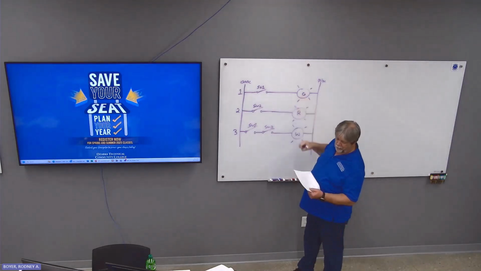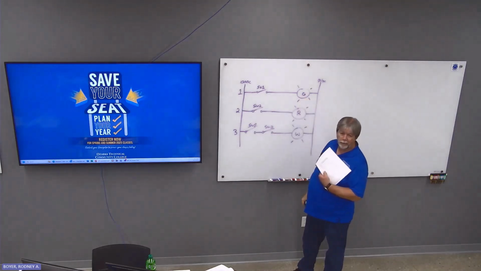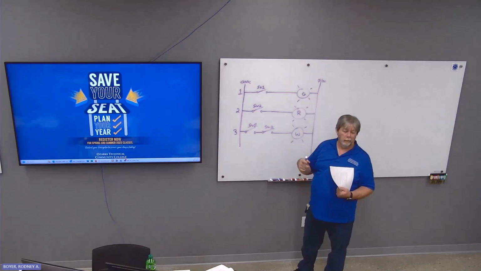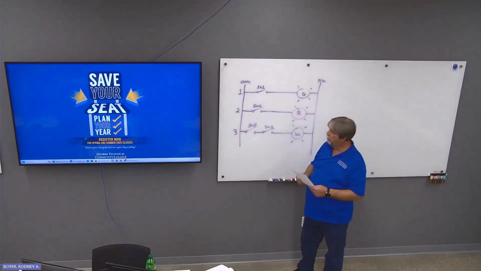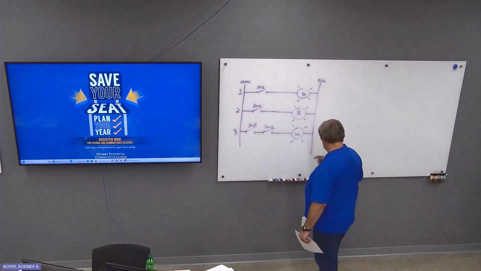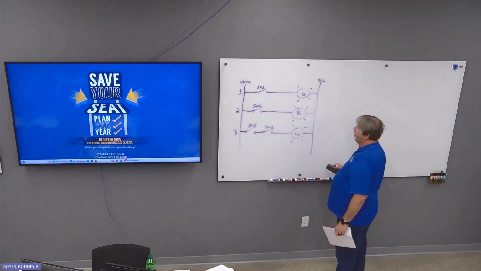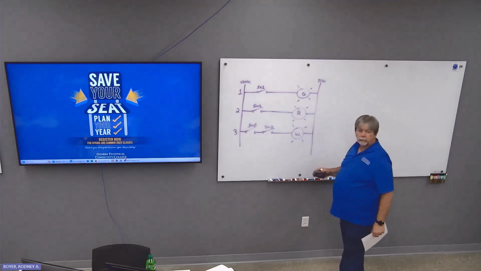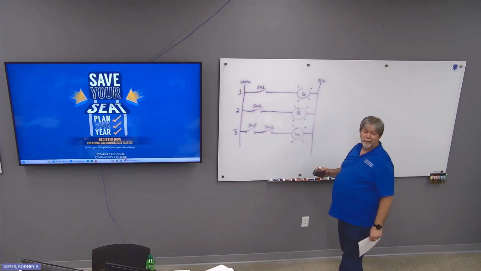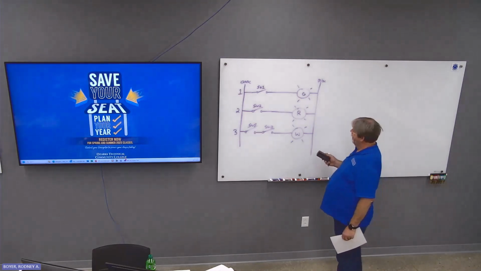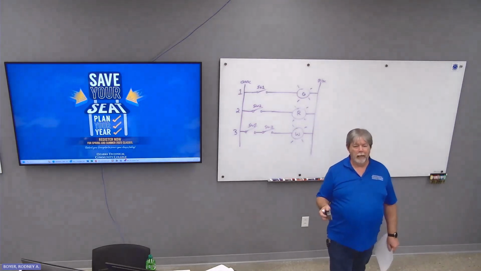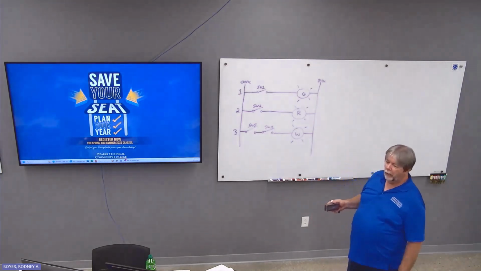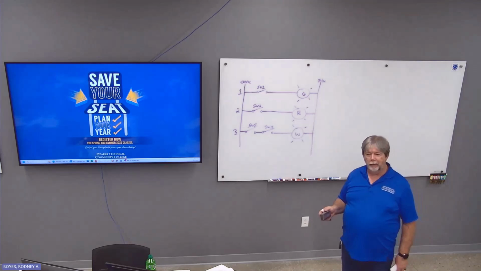But this says that when they're both closed, I can only turn on the white one, which means I have to turn off the red and the green. Right? Okay, so I need something to fix that. Since we're drawing a relay ladder diagram, I'm going to propose that we use a relay to fix it.